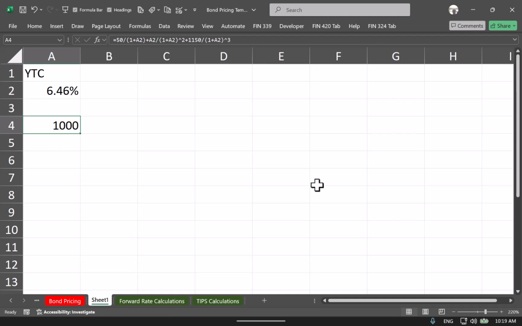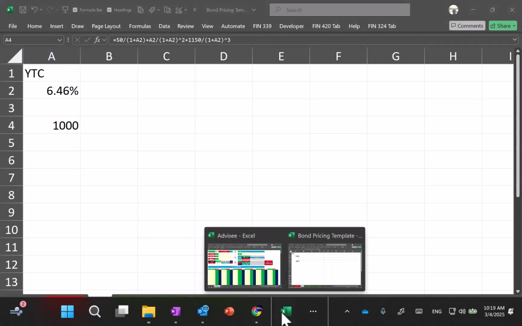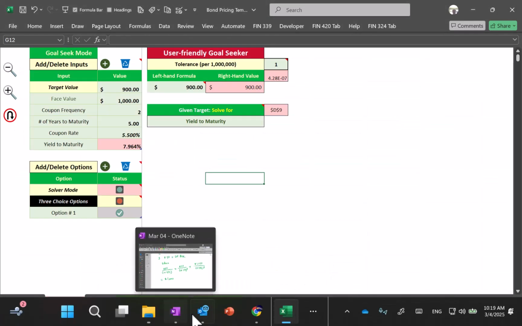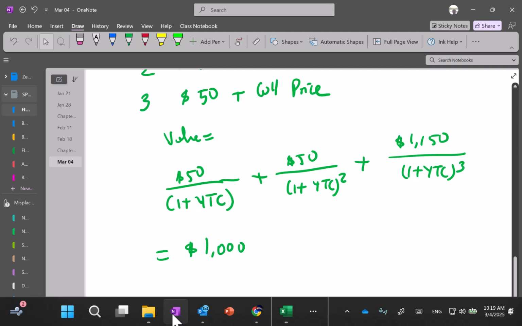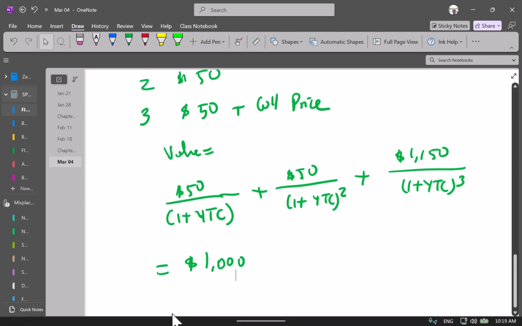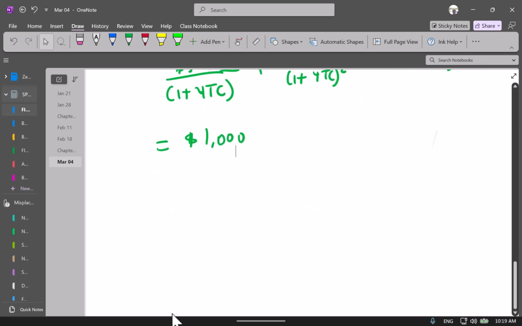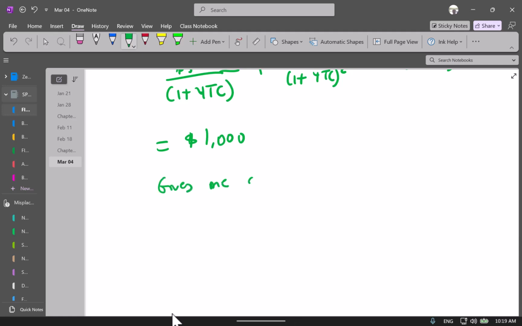The way I'm going to trick the bond pricing template, think of the cash flow from this bond, okay? This bond gives me coupons of $50, annual, and a redemption of $1150.